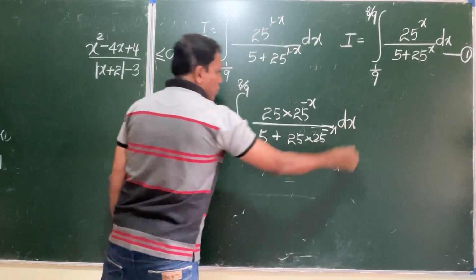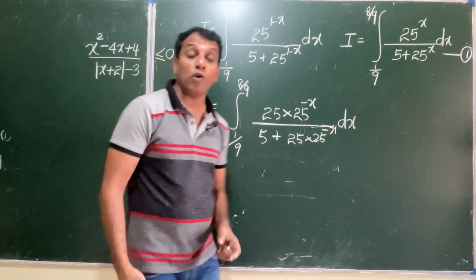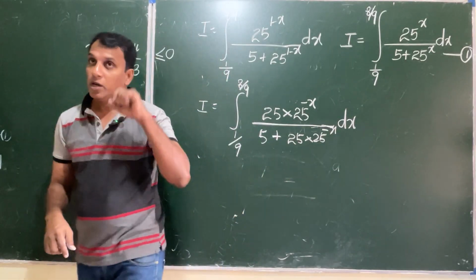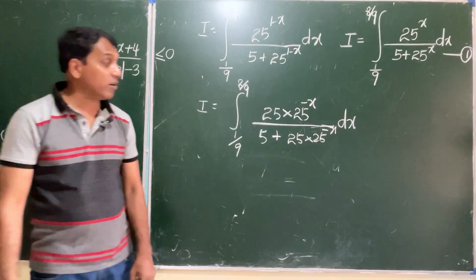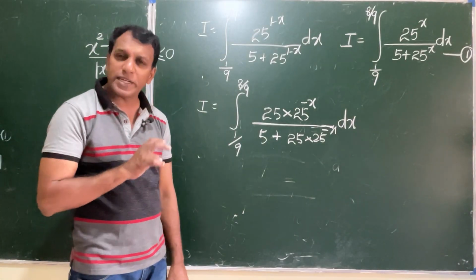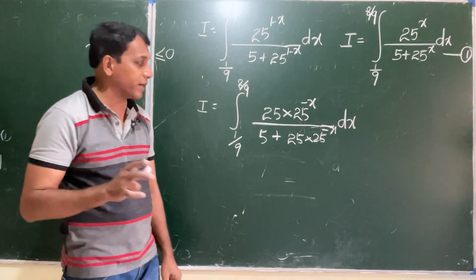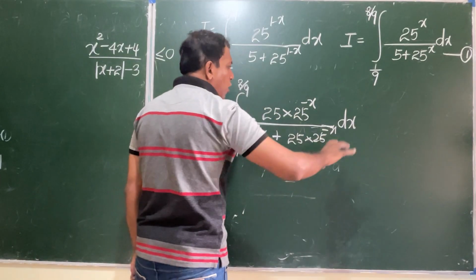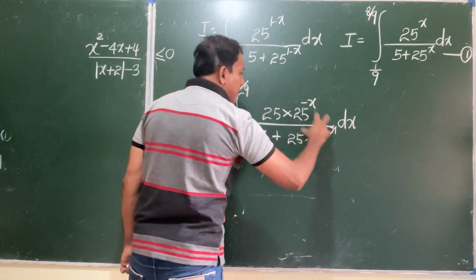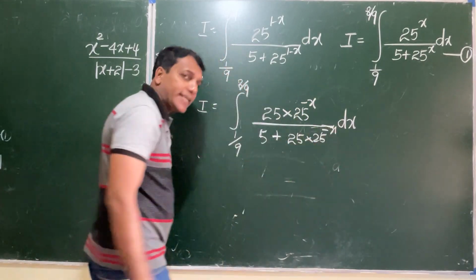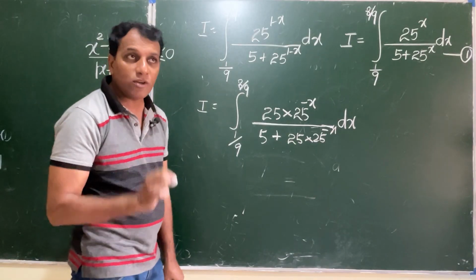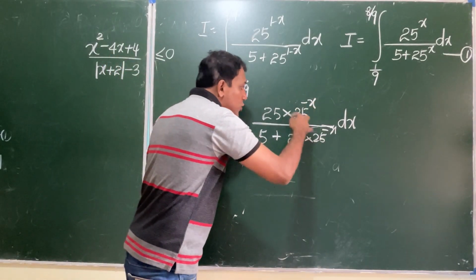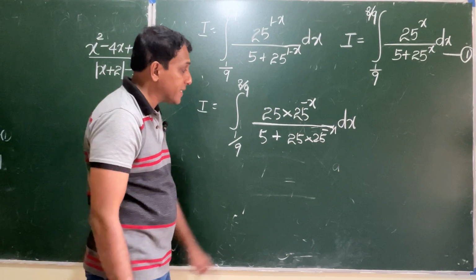So why did I show this negative power? We don't write the negative power form; we try to remove this negative part. So you can multiply up and down, or divide numerator and denominator by 25 power minus x.